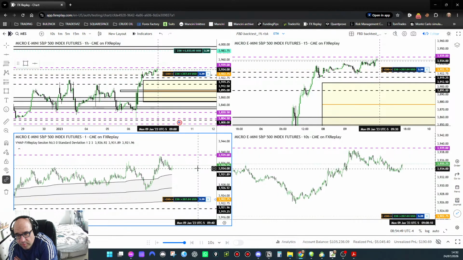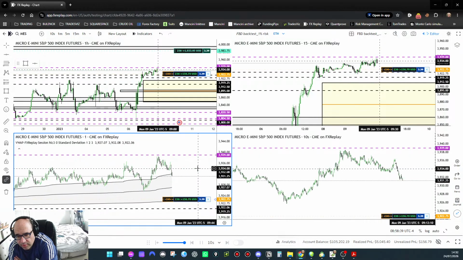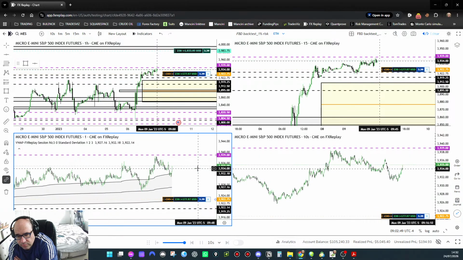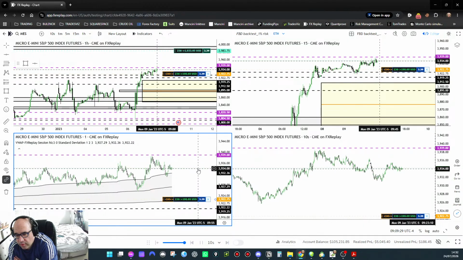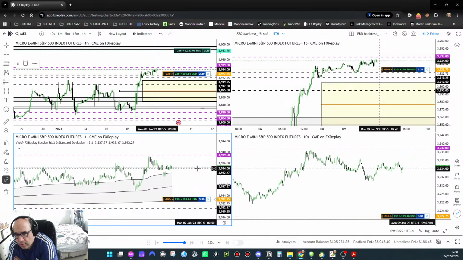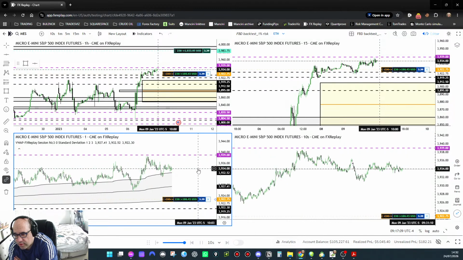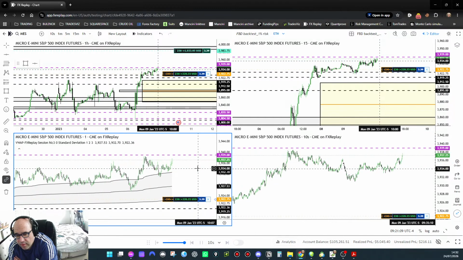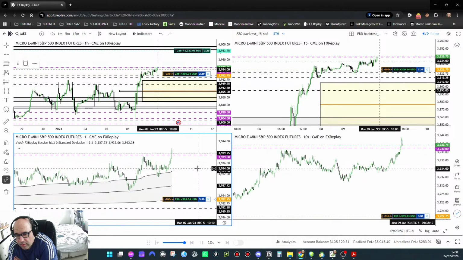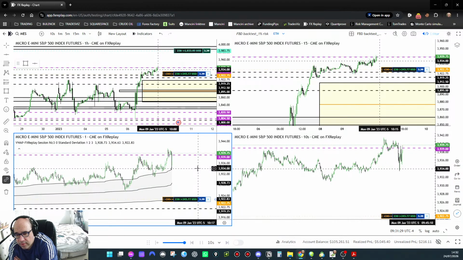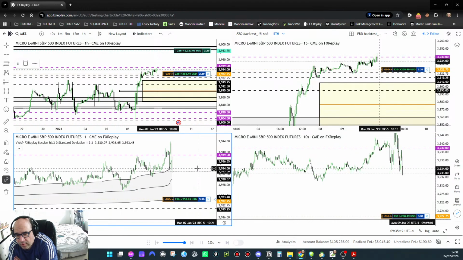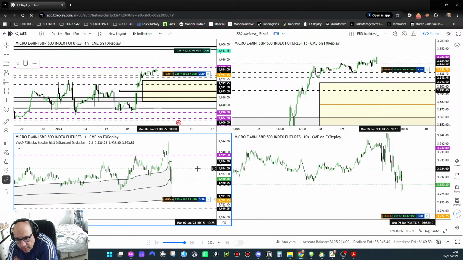We're doing the big breakout. Market is quite strong, I would say. There we go. We'll break above it. Can we sustain it? Wow, that's insane.